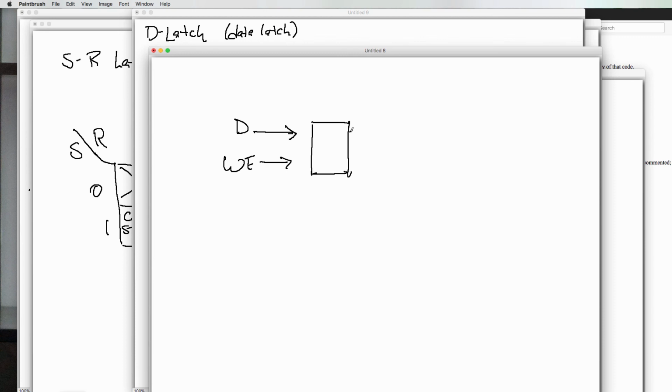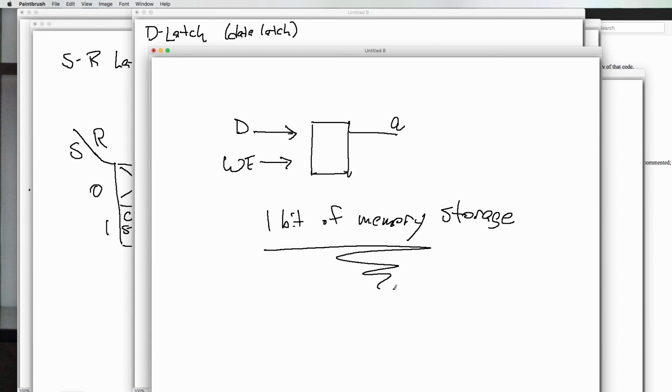And here's the output of it right here, which your author is calling A. Put a 1 on write enable, and the internal state of this circuit will be whatever you put on D. This is 1 bit of memory storage. This is very, very important.